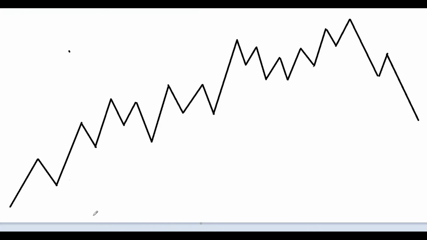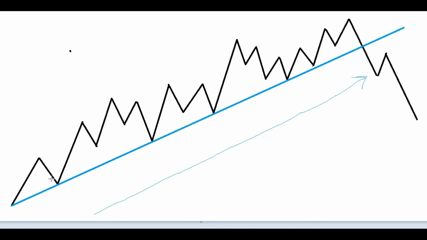Here if you see from your naked eyes, you will understand the direction of the stock has been on the upside. Once you understand the direction of the stock, you can go ahead and draw the trend line. To draw the trend line, I have to start from the lowest point and attach it to the best points on the upper side. Now these are the points I am attaching here on the upside.